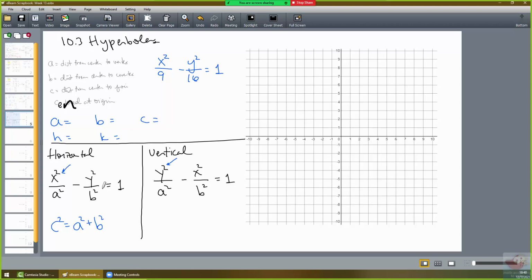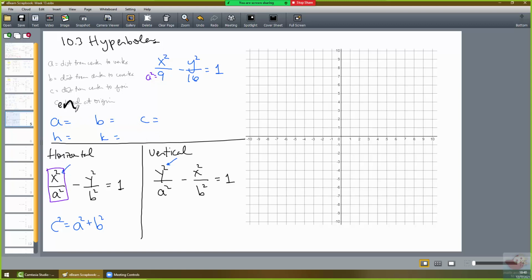Now, notice our equation in blue has the format of a horizontal because x is first. Because of that, a squared is 9, because the first term has the format x squared over a squared.